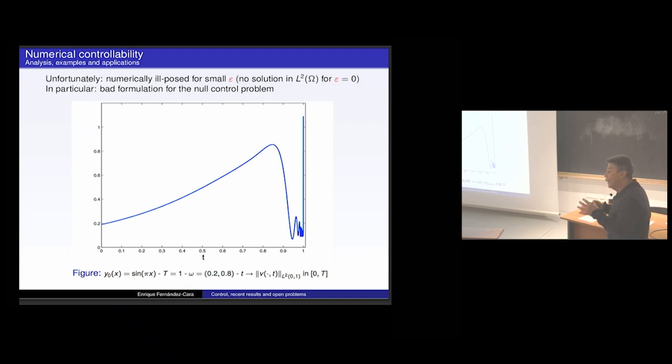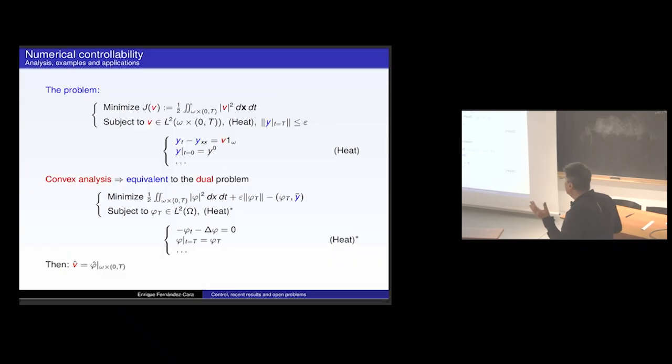I mean, you get a solution, a control, that oscillates near capital T. The reason is that this quantity with epsilon equal to 0 is not coercive. If you suppress this term, what you find here is not coercive in phi T.